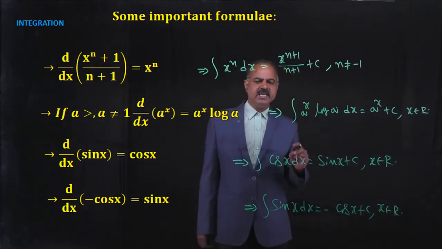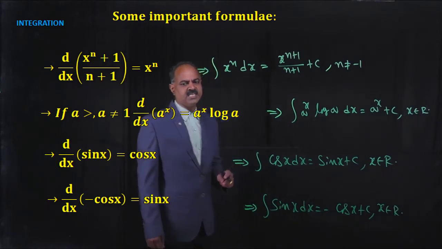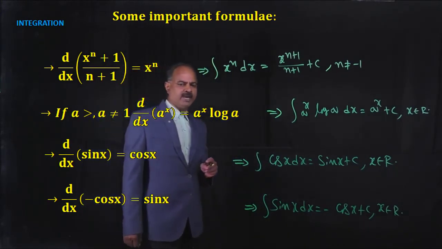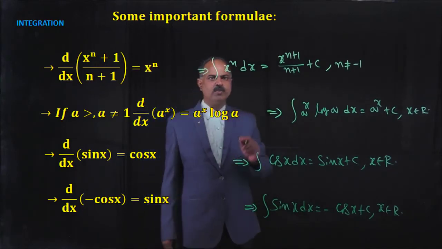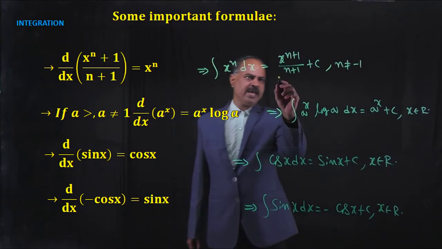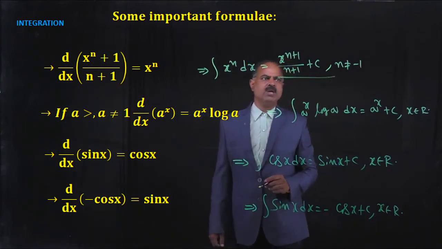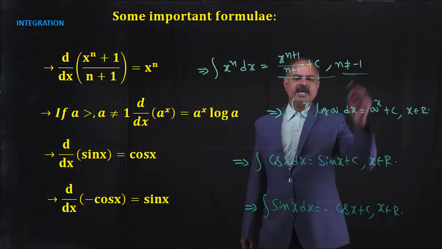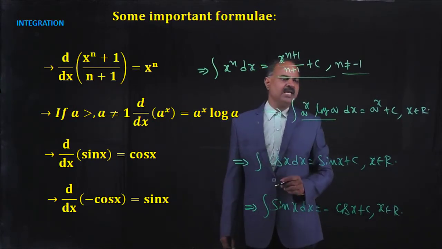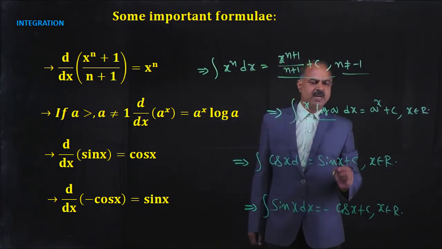Integration is the inverse process of differentiation. So d by dx of x to the power n plus 1 by n plus 1 equals x to the power n. That's why integral x power n dx equals x power n plus 1 by n plus 1 plus c, n not equal to minus 1. And integral a power x log a dx equals a power x plus c.